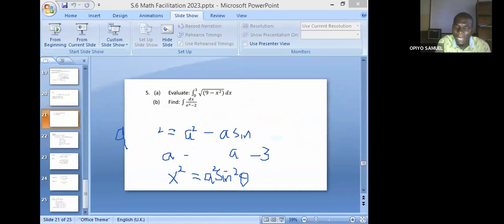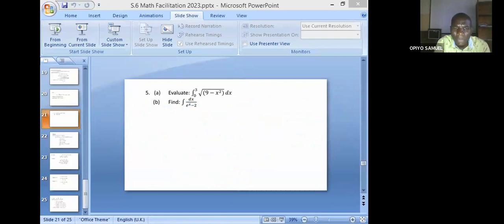And remember, we have seen when you differentiate sine, you get cos, which means when you integrate cos, this part, you should get sine, and you maintain the angle. The angle is 2 theta. But when you look at this angle, it has a 2 here.